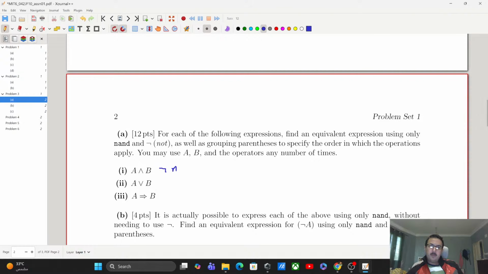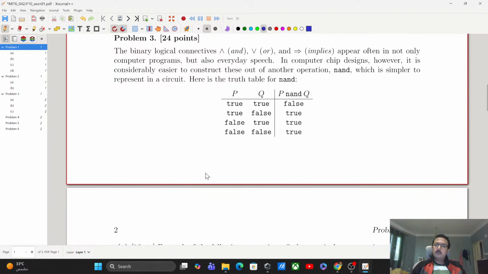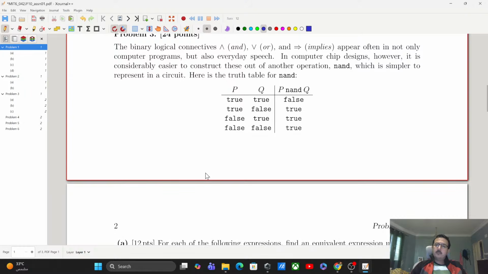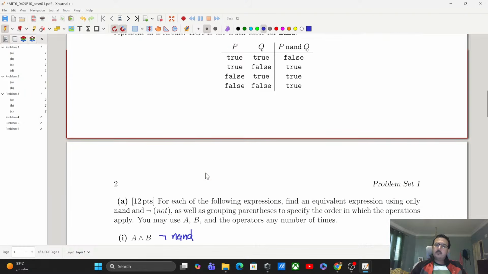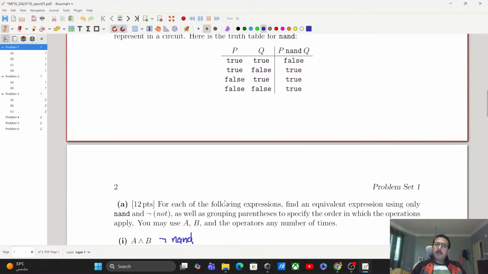Not NAND. Using only NAND and not NAND. We can't use not NAND, again.